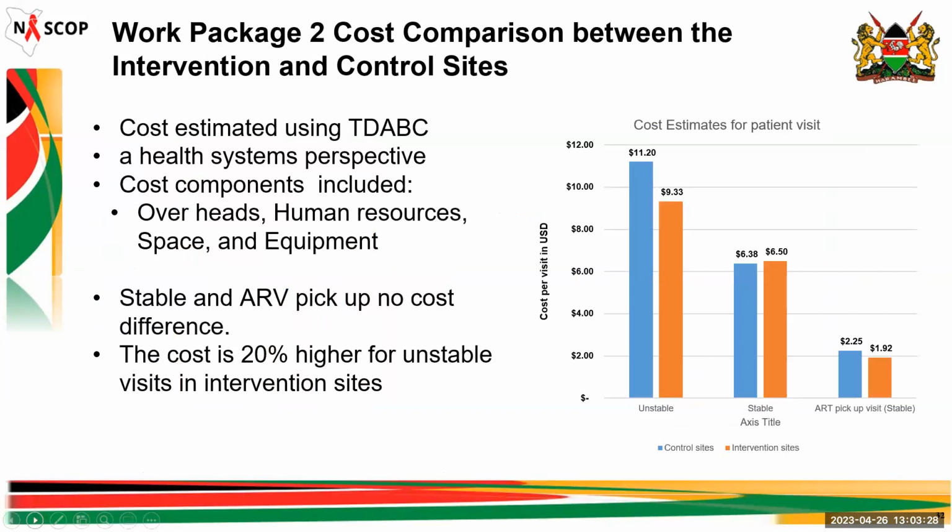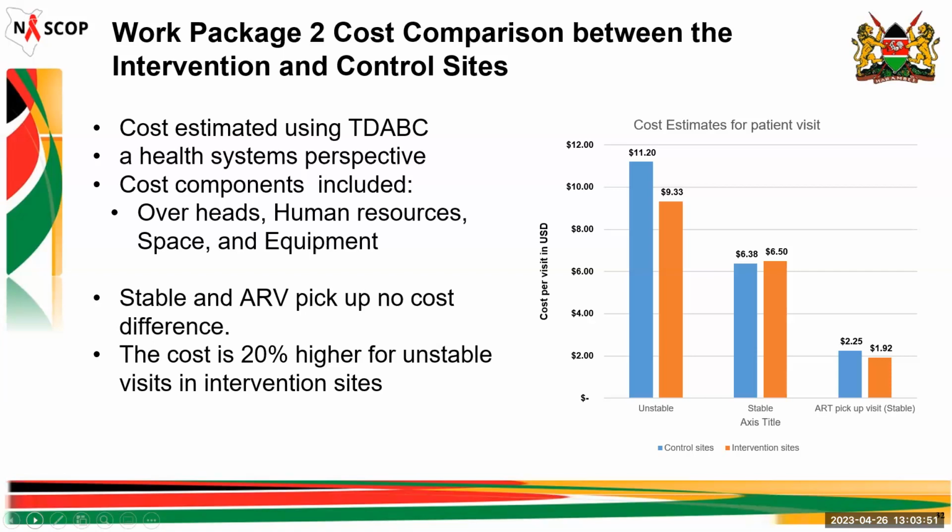So in terms of cost, this is a component of work package 2, cost comparison. There are two things that this data set indicates. This is a health systems perspective. I know we had mentioned the patient experience that was analyzed separately.